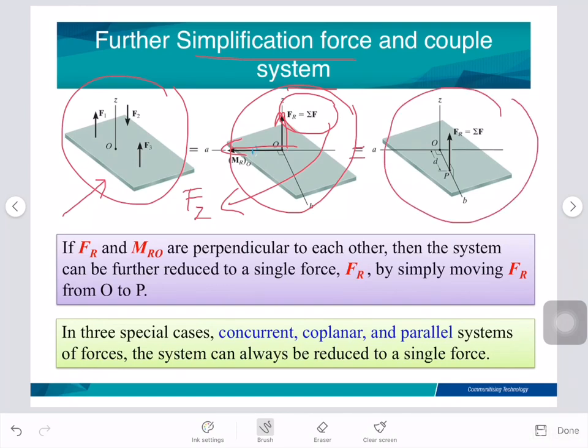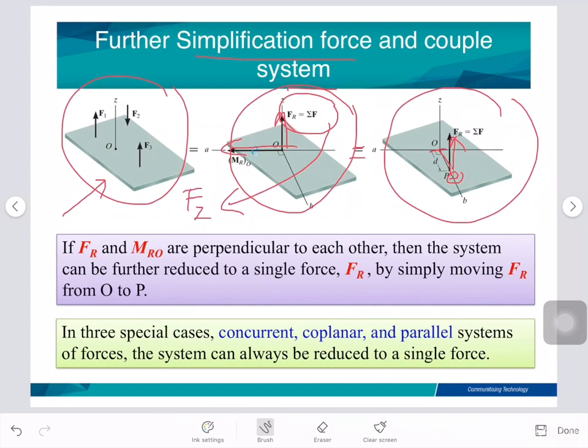So here, if we have the force resultant at point P and we have this distance, we can find the moment resultant, because we understand that moment is equal to force times distance.